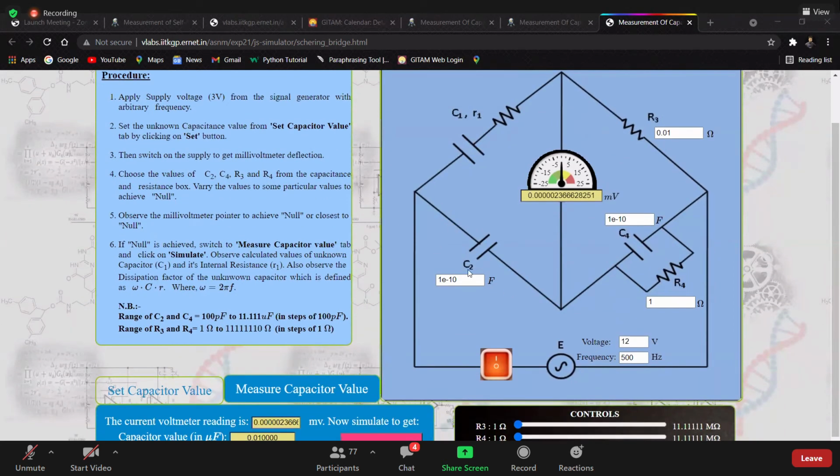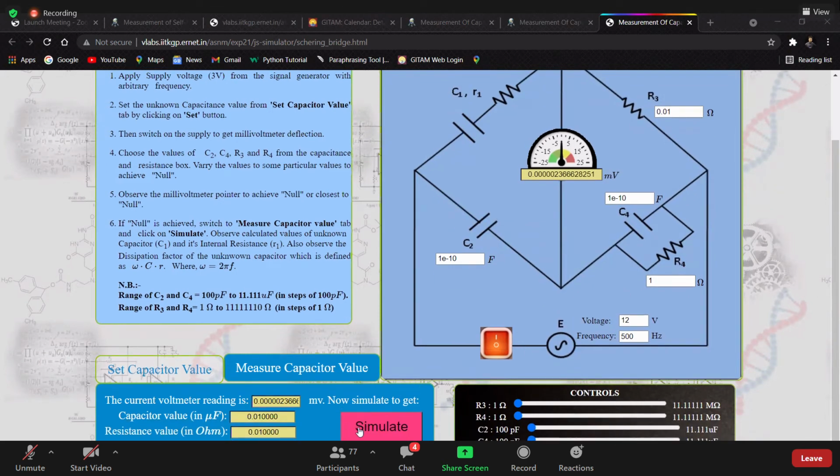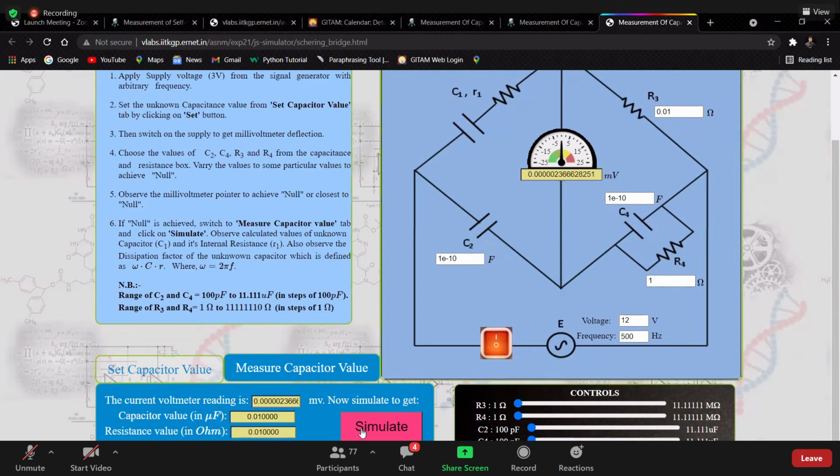We give the capacitance values of C2 and C4 and C1, and the values of resistance R3 and R4. We find the unknown value by simulating. Whenever we get the value as 0, then it is balanced. Very good.